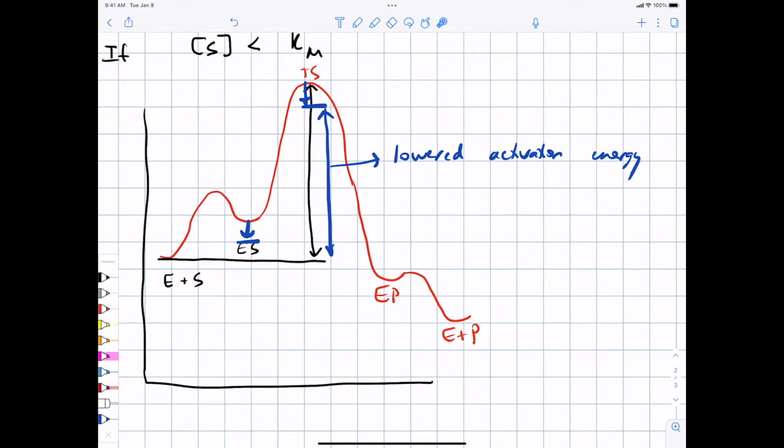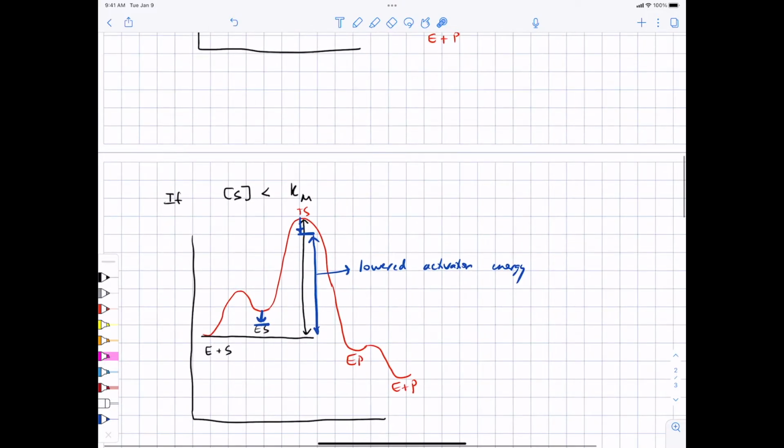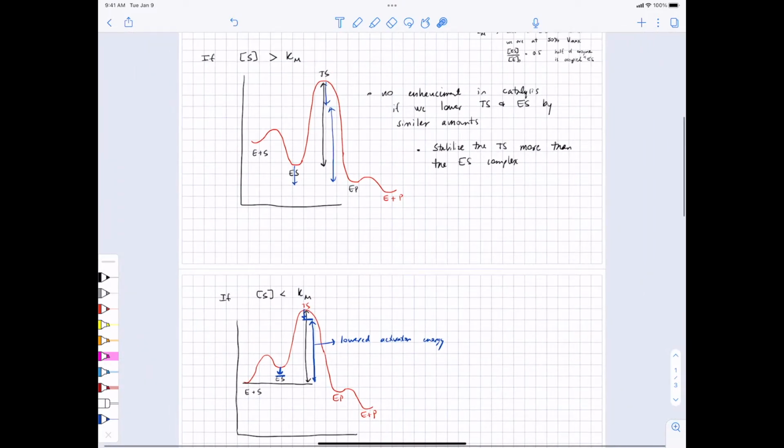And evolution doesn't have any need to improve things beyond what it needs. So you'll find that in a lot of cases, enzyme KMs are pretty close to the range of physiological substrate concentration in biological systems.